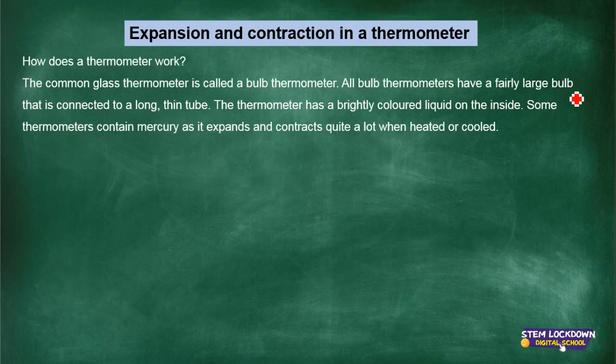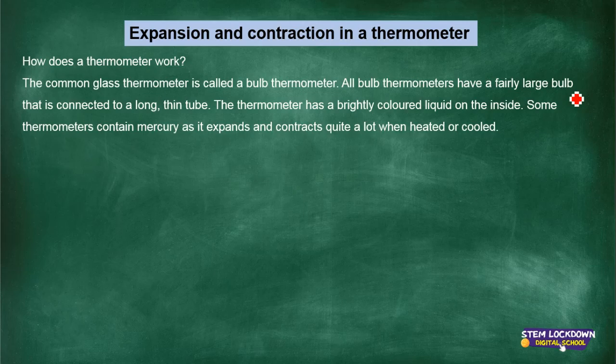So the heat allows the spaces in between to get bigger, whether it is in a solid, a liquid or a gas. And just like when you cool the substance, it starts to contract, the particles in a solid, liquid, and gas get closer together, and that allows it to become smaller, which means that it has contracted.